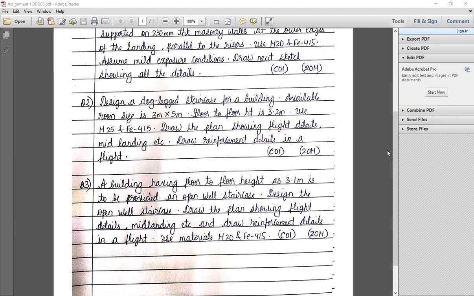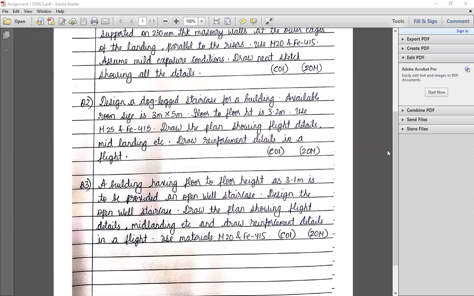Each flight is 10 and tread is 9. ठीक है, dimensions I was asking. Riser is 160, tread is 300.